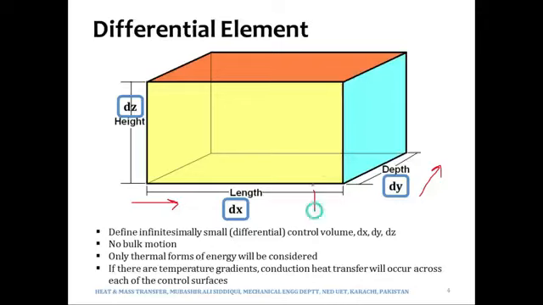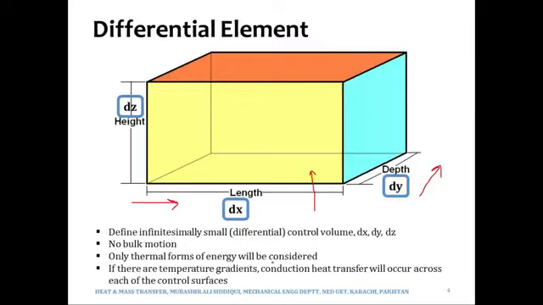And if the heat is flowing in this direction, then it will move from this bottom face to the top face. So we have considered an infinitesimally small differential element, control volume, having dimensions of dx, dy and dz. There is no bulk fluid motion involved, means we would be considering conduction.